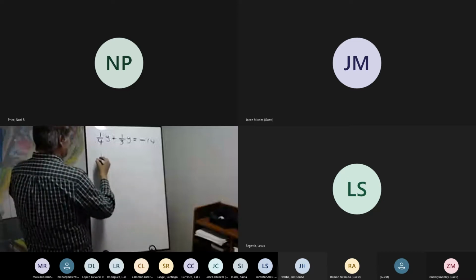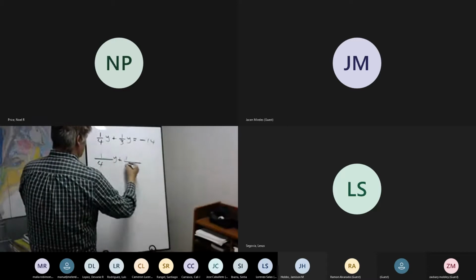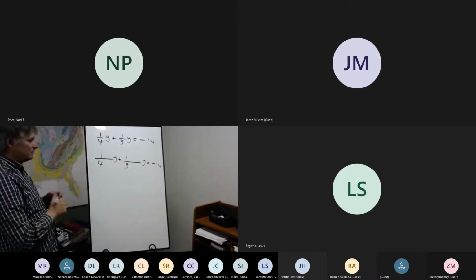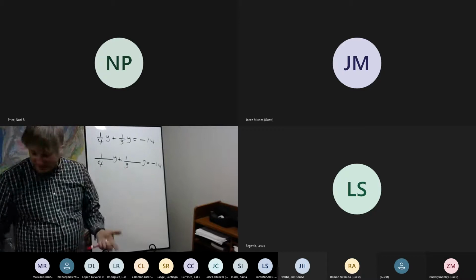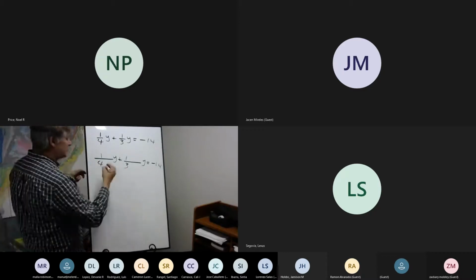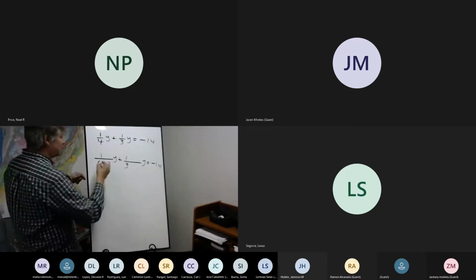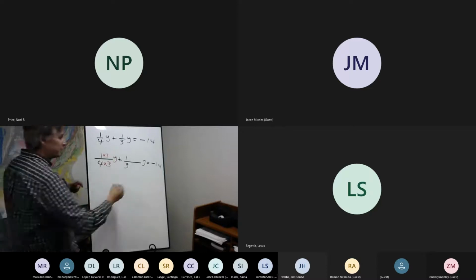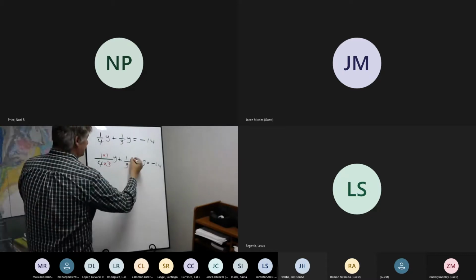So take 1/4 y, there's some number we can turn 4 into. We could also turn 3 into that same number. And again, a good candidate is 12. So to turn 4 into 12, multiply by 3. Then what you do to the bottom, you got to do to the top. To turn 3 into 12, multiply by 4. What you did to the bottom, you got to do to the top.